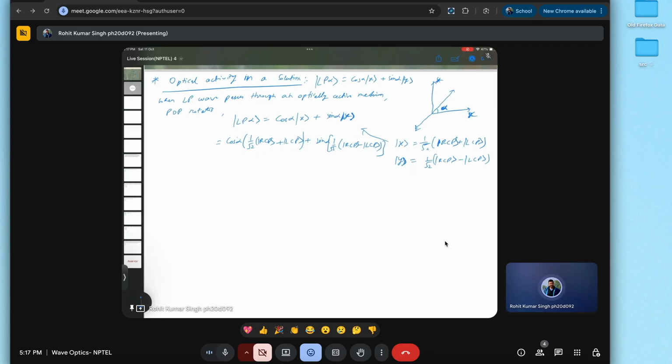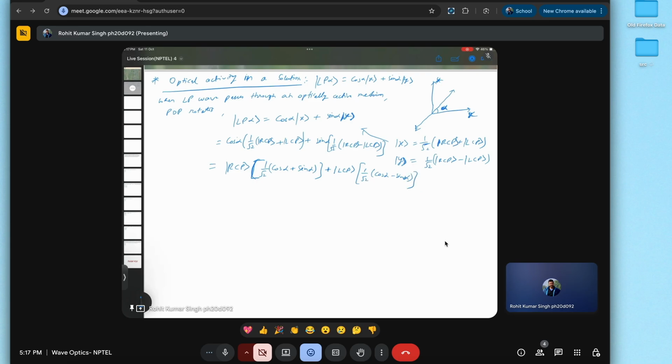Okay, and if you rearrange RCP and LCP, take out RCP, in the bracket you will get 1 by root 2 (cos alpha plus sine alpha), a big bracket, plus if you take out LCP, what remains inside is half (cos alpha minus sine alpha).